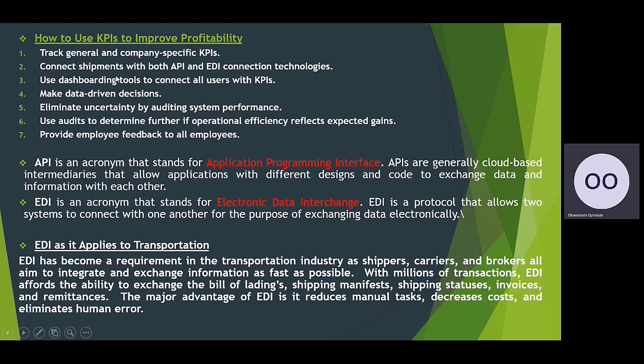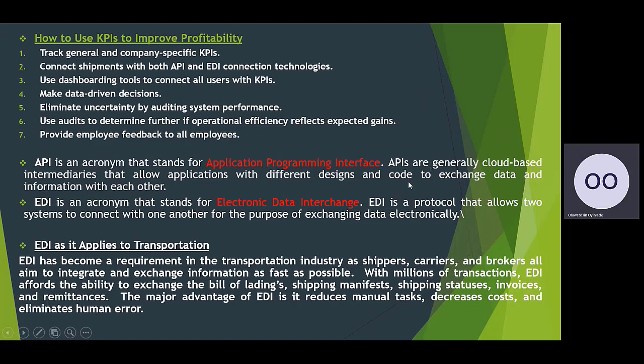Then connect shipment with both API and EDI connection technology. There are technologies that have been deployed to help gather data from different sources that can be analyzed, that will speak to the business goals and objectives. API is an acronym that stands for Application Programming Interface, and EDI stands for Electronic Data Interchange.